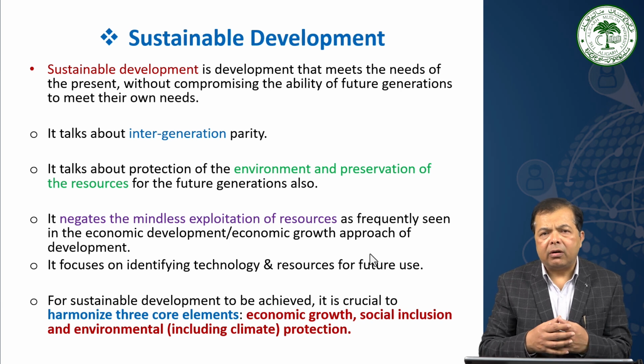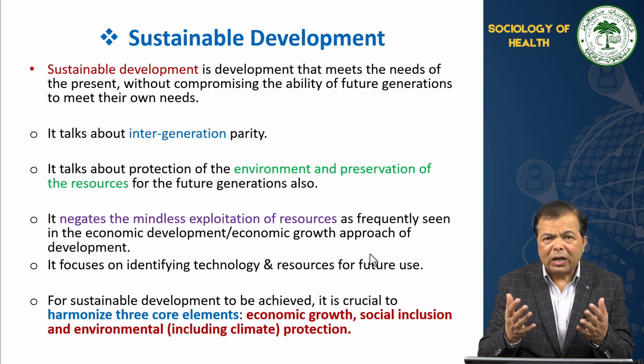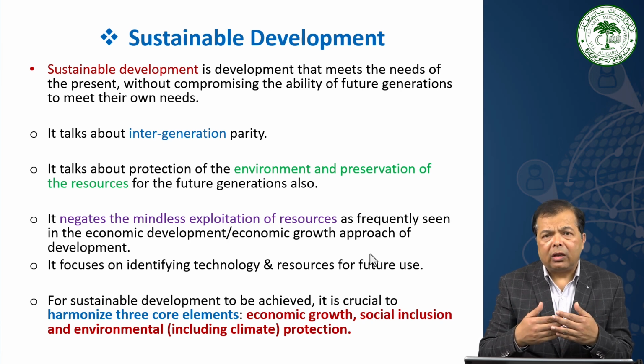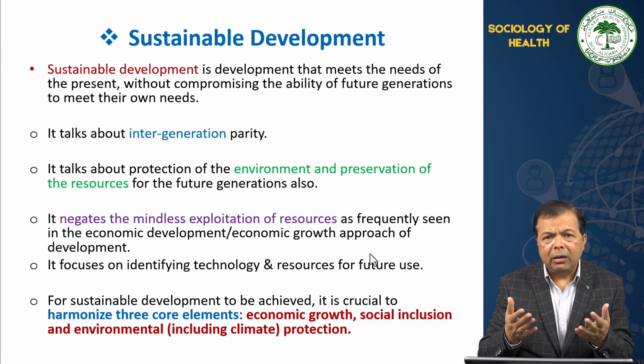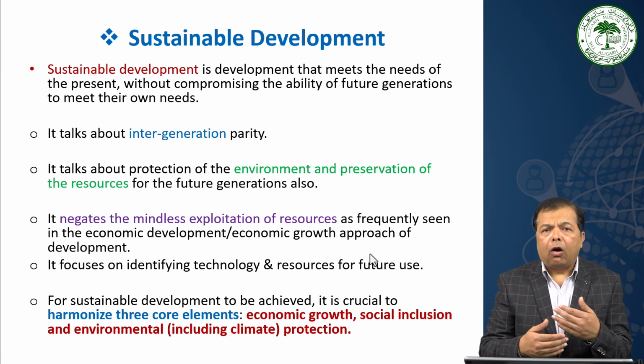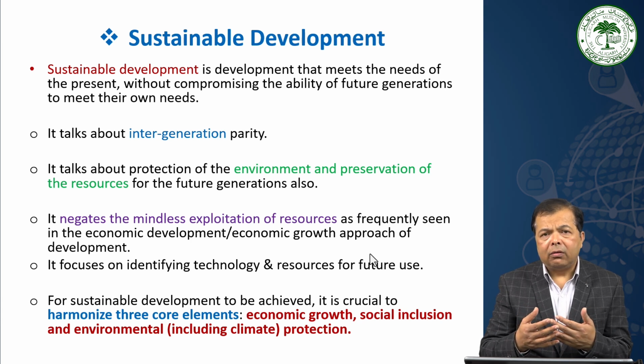And in simple words, it says that whatever resources are available on this planet Earth, those resources should not be overused by the current generation or the present generation. Those resources should be kept or preserved for future generations also, because these resources are finite.